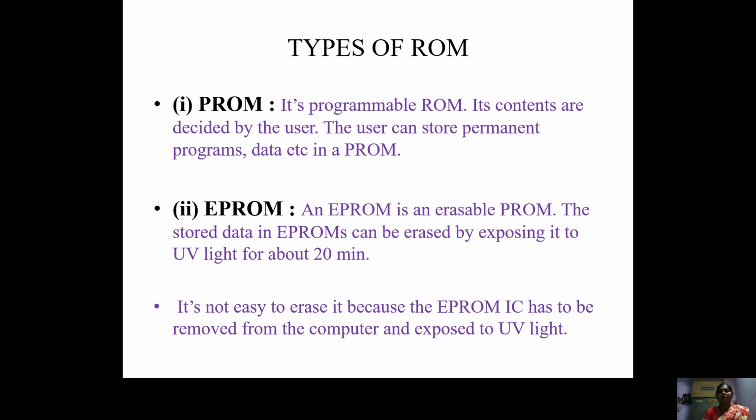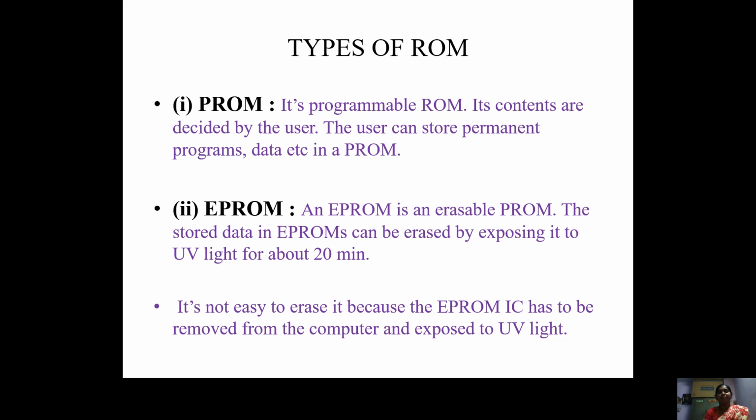Such a type of ROM, which allows the user to program it, is programmable ROM. But here we have to store permanent programs in it. Once we store the information, it is not possible to erase it again. So we have to be very specific while writing any information into the PROM.